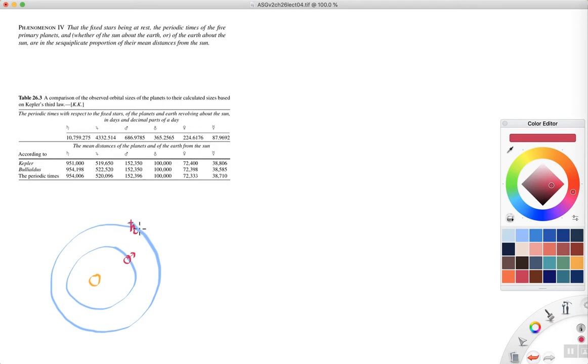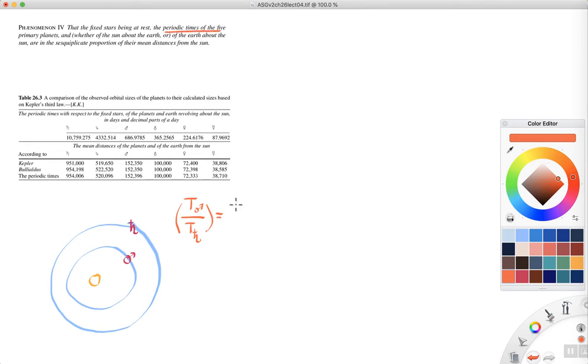That's the symbol for Saturn, that's a symbol for Mars. And if you were to measure the time of orbit of Mars and the time of orbit of Saturn, you are to find this ratio of their times, the periodic times.